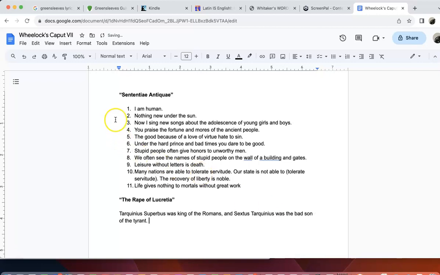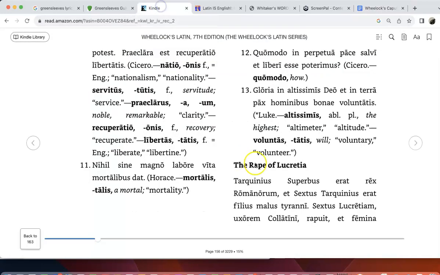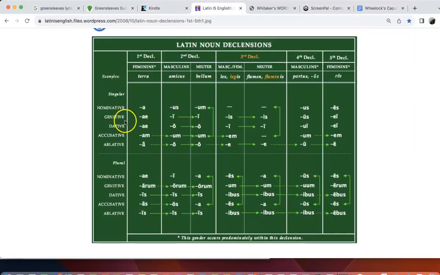So the apple doesn't fall far from the tree. And Sextus Tarquinius was the bad son, the malos filios, and then of the tyrant. So again, there's another good chance to review our genitive. Malos filios tyranni, the bad son of the tyrant. So there's nominative and genitive.